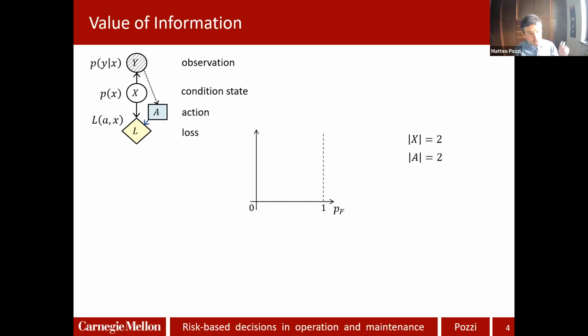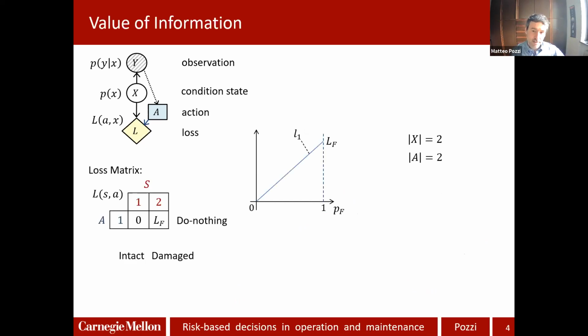So in a very, very simple application, say that the component is binary, so the probability of failure from 0 to 1 defines the state of the component, and if you do nothing, the risk is linear from 0 to the failure cost.